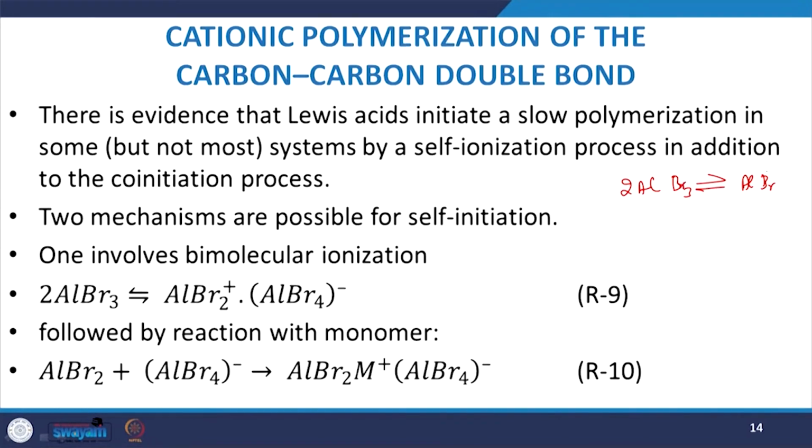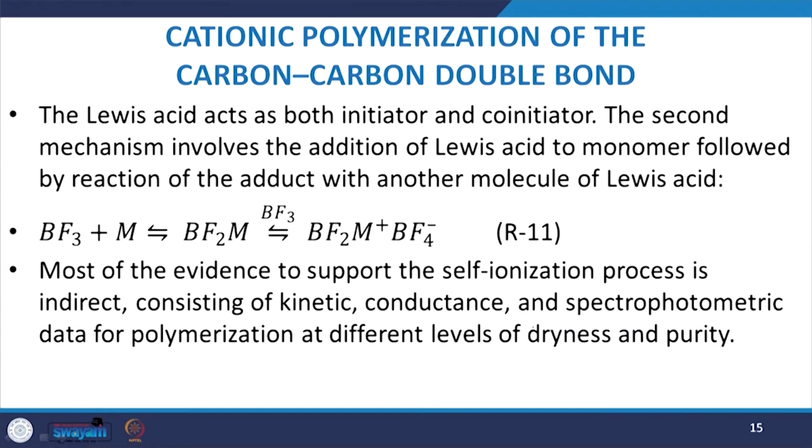This is followed by the reaction with a monomer. Because when you produce this initiator, you can react it with the monomer to give this ionic species. Now, the Lewis acid acts as both initiator and co-initiator.